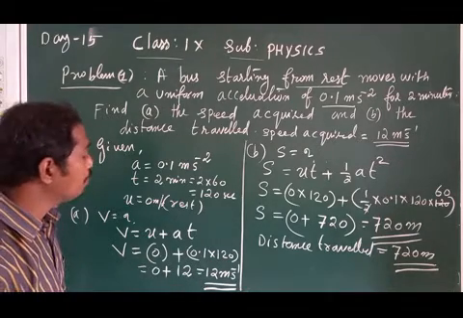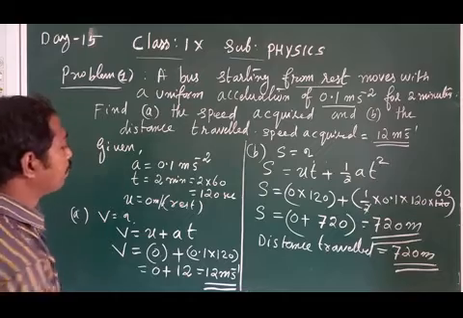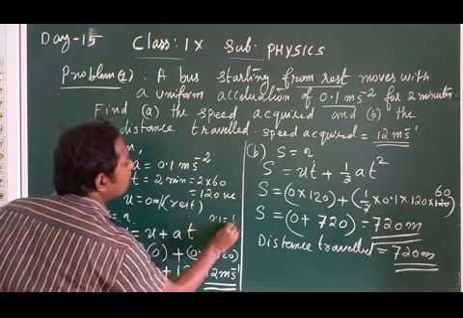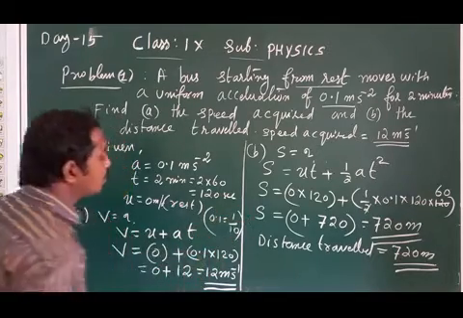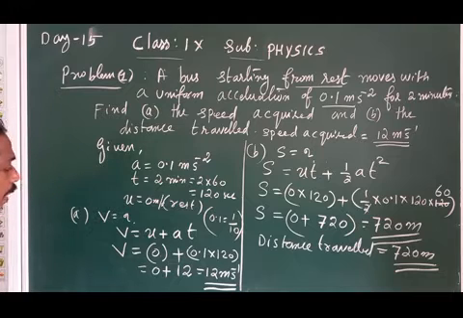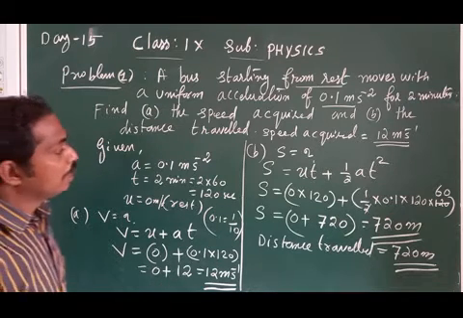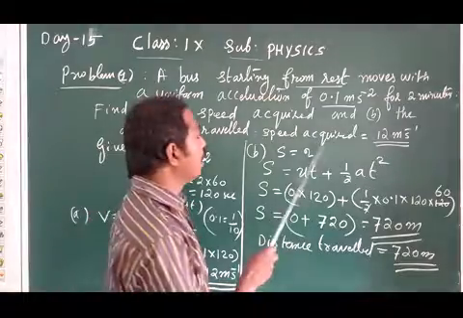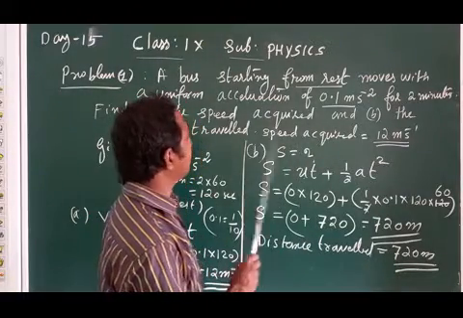So we can cancel these zeros and we will get 12.